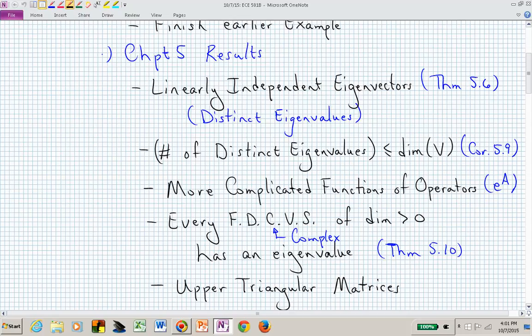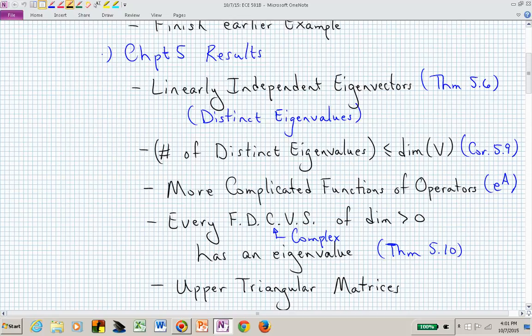Then we will continue with chapter 5 and talk about when we can expect to have linearly independent eigenvectors. If you have distinct eigenvalues, distinct meaning non-repeated, so lambda 1 is different from lambda 2, which is different from lambda 3, then those 3 eigenvalues would have linearly independent eigenvectors. That's what we'll prove in theorem 5.6.